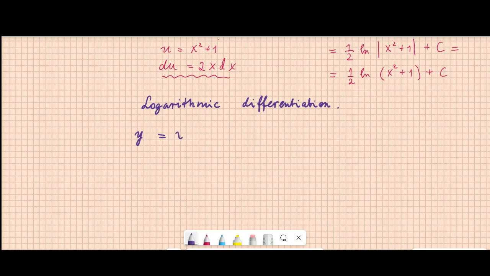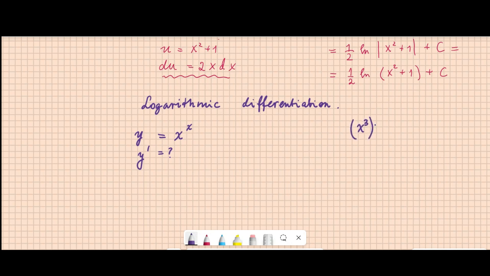Special case where we definitely need logarithmic differentiation. Imagine somebody is asking you to calculate a derivative of the function x to the power of x. How are you going to differentiate it? Well, we know how to differentiate power functions, something like x to the power of 3.